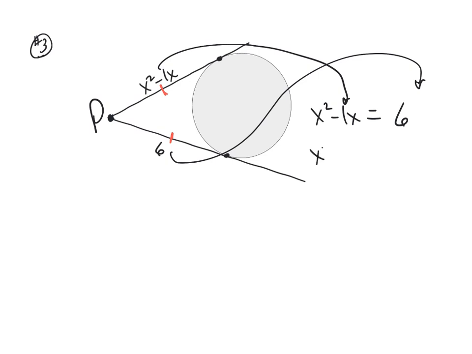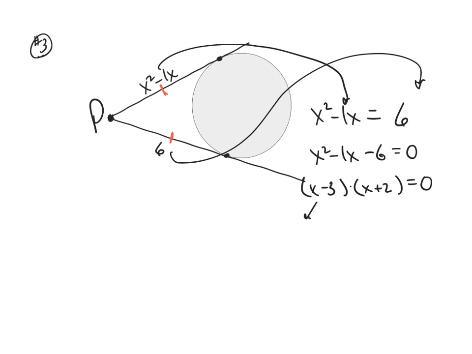To solve this second degree equation, we'd need to move the positive 6 to the left-hand side by subtraction, and then factor the trinomial into 2 binomials. In this case, we'd be looking for numbers that multiply to get negative 6 and at the same time add up to negative 1. The numbers that work are negative 3 and positive 2.